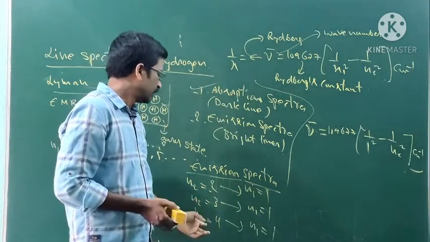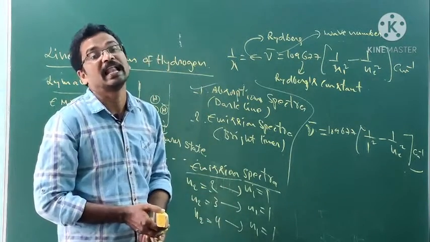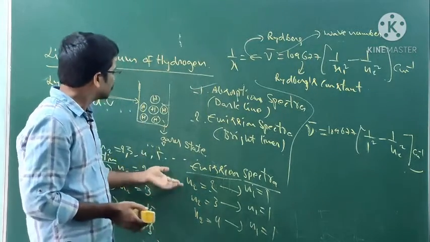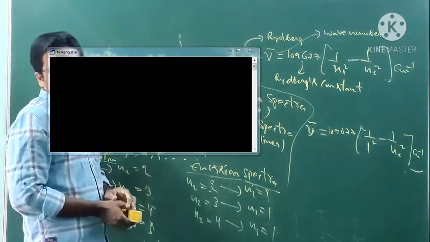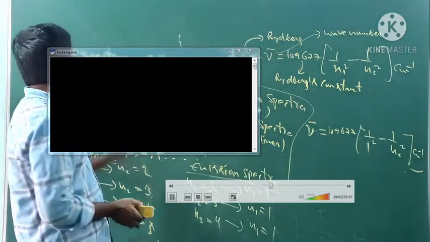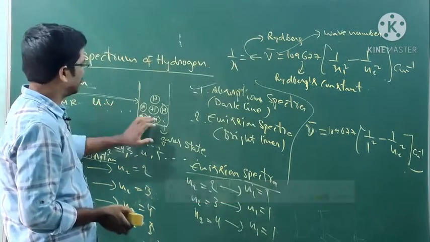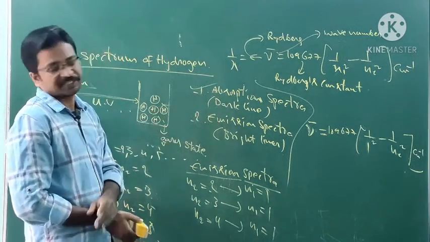That belongs to the emission spectra of the Lyman series. Lyman did the practical by using UV light. By using UV light, he did the same experiment. He can also get the absorption spectra and emission spectra.